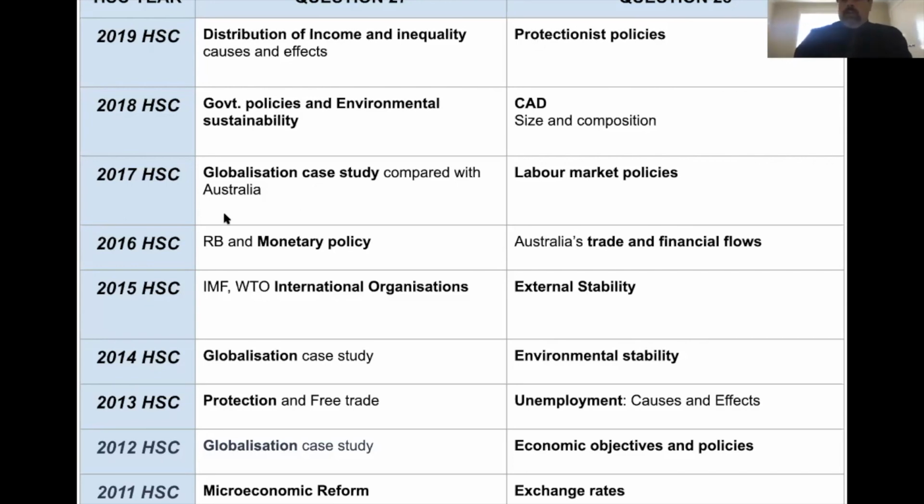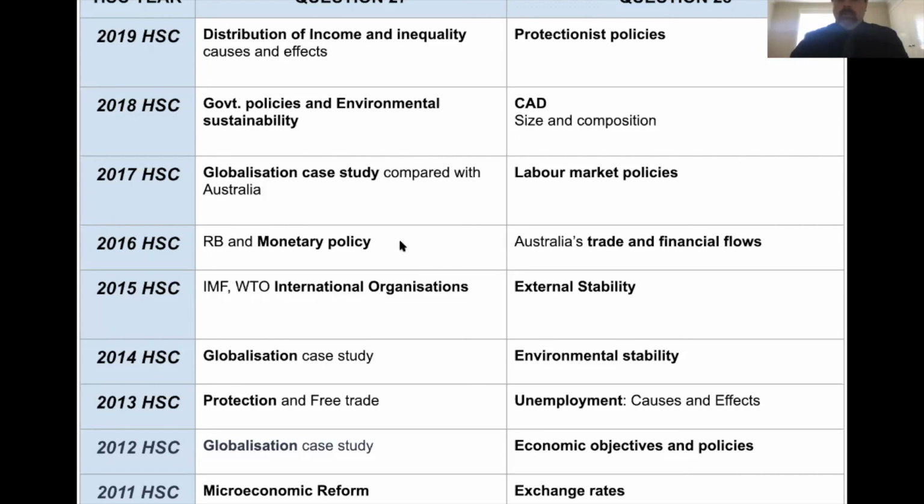Have a look at that question in 2017, because that particular question was not your regular globalization case study question, it actually asked you to compare the same globalization effects looking at Australia as well. Very different question to your straight out globalization case study question.